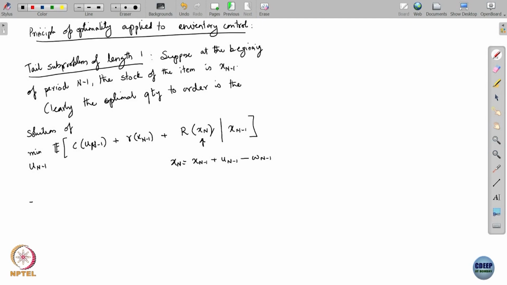So, this actually becomes a minimization. I can take out a few terms here. Firstly, the term that depends on x n minus 1 here is just an additive constant and has no effect on my optimization, so I can just drop this term. Likewise, this being deterministic will come out of the expectation.